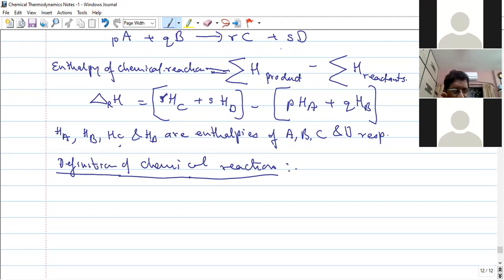Enthalpy of chemical reaction is difference between the sum of enthalpies of the product and that of reactant, with every substance in a definite physical state and amount being represented by the coefficient in the balanced equation.